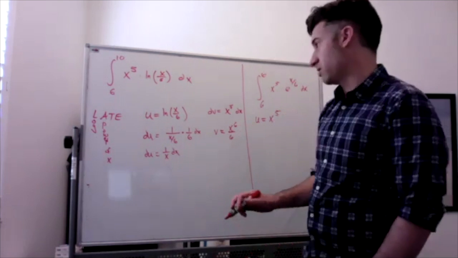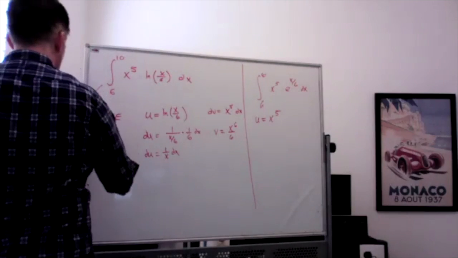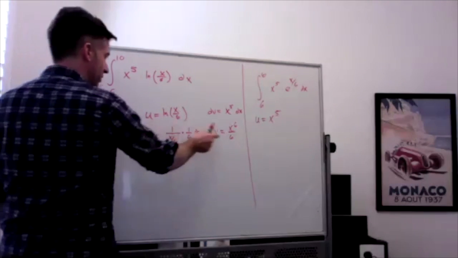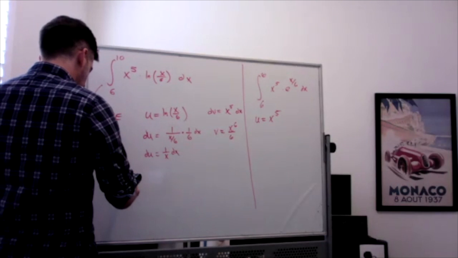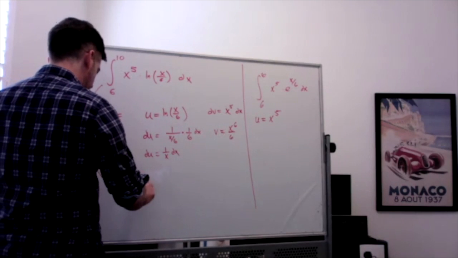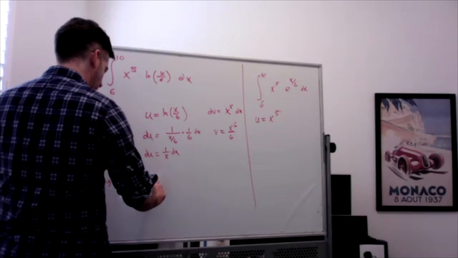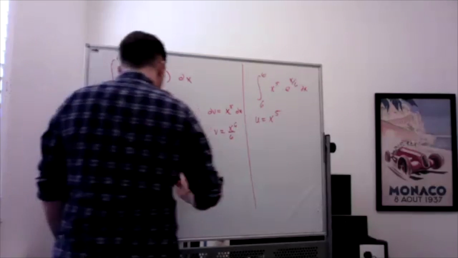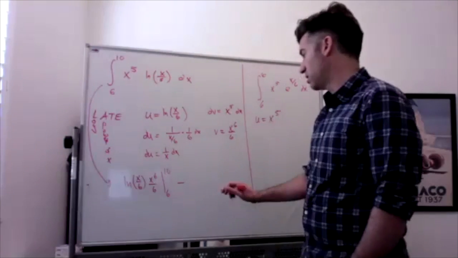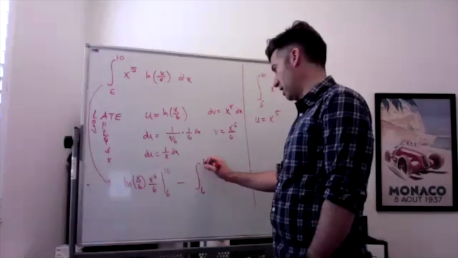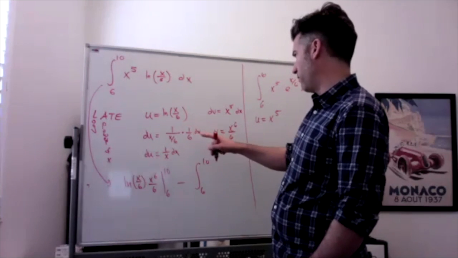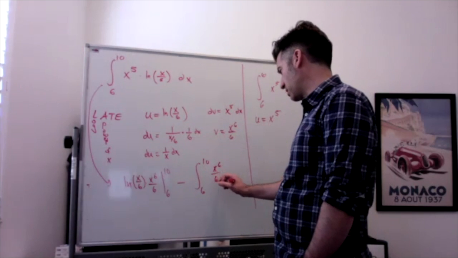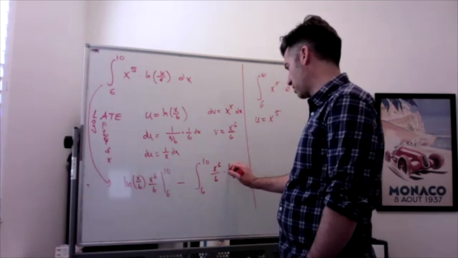All right. So then here's how you can write it if you actually want to write it with limits of integration the whole way. It's going to be u times v, so it's going to be natural log of x over 6 times x to the 6th over 6 from 6 to 10, minus the integral from 6 to 10 of v du, which is x to the 6th over 6 times 1 over x dx.